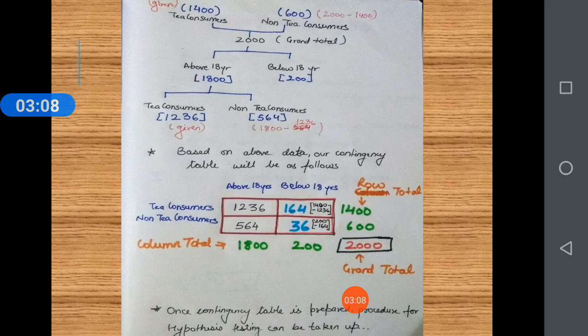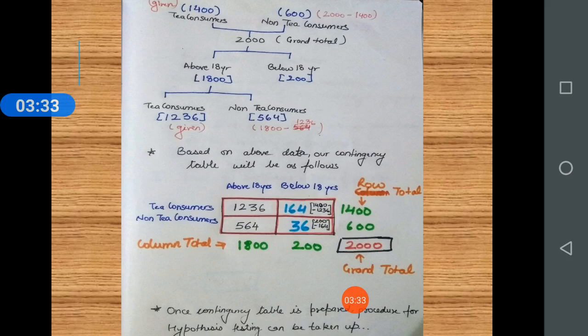Also, it was given that the people above 18 years of age were 1800, but out of them 1236 were consuming tea. That means the non-tea consumers are automatically equal to 1800 minus 1236, which is equal to 564. So this much data is already available with us.